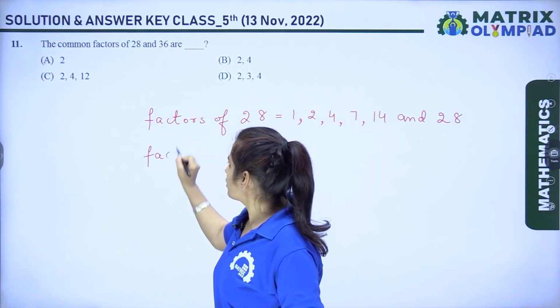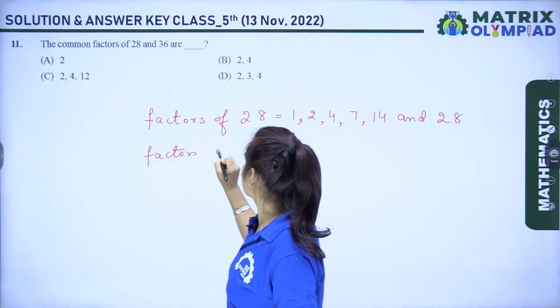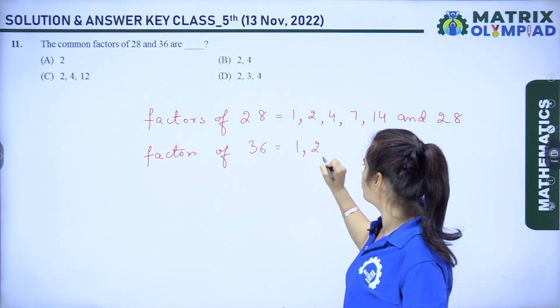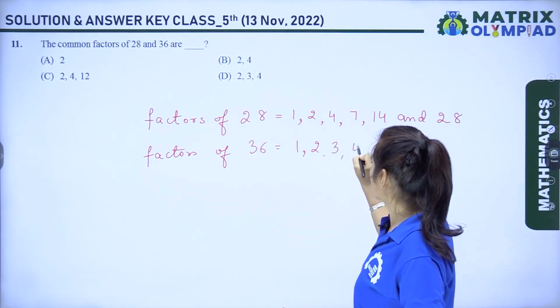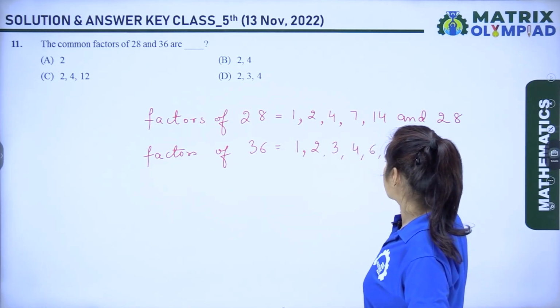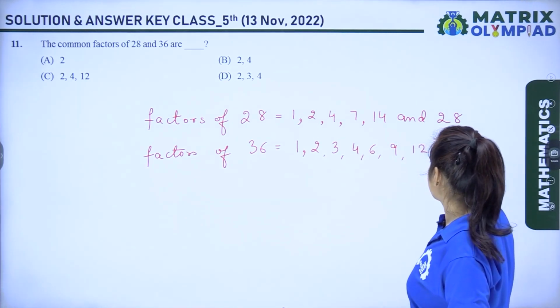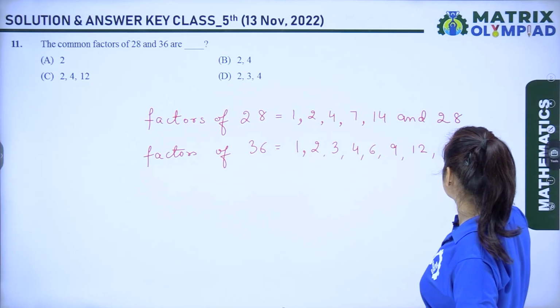Next we have factors of 36 that are 1, 2, 3, 4, 6, 9, 12, 18 and 36.